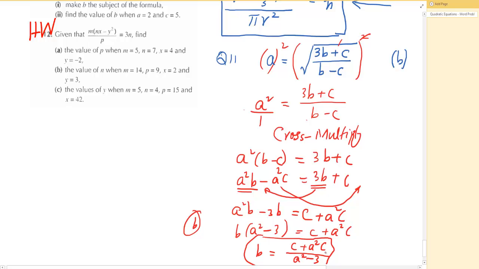I hope you understand. And the next part, you have to plug in the values. So I suggest the second method is an appropriate method, because first you make the subject of the formula, and then you plug in the values.